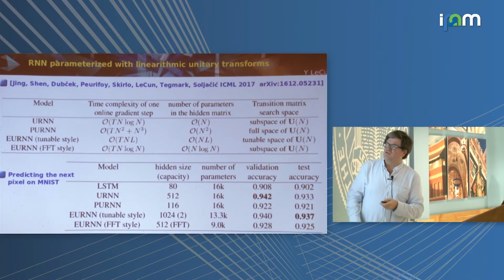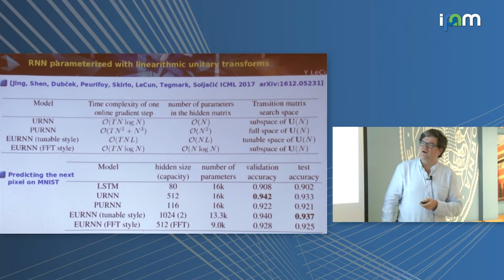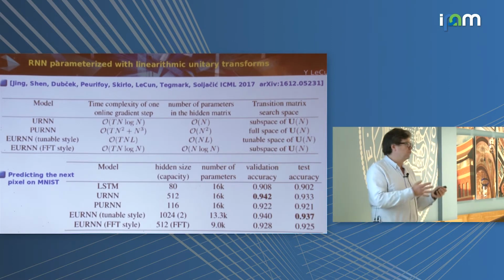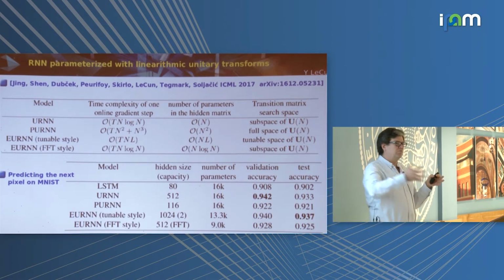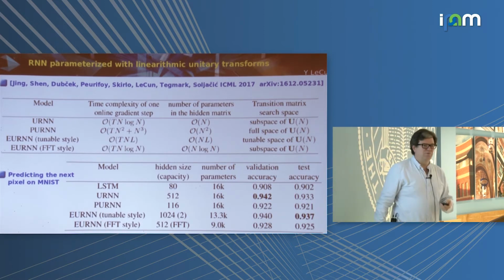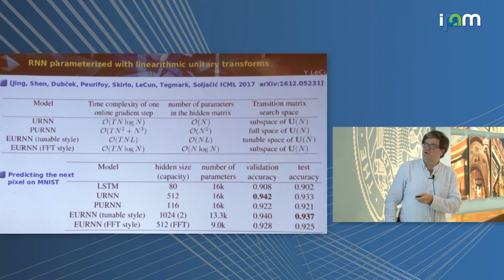What you get is a cheap way of parameterizing recurrent nets, and they seem to be working quite well. And of course, there is no problem of vanishing gradient because the whole thing is invertible.